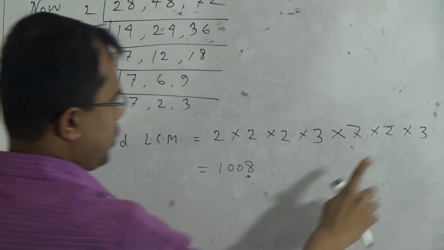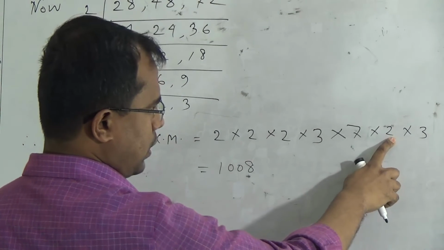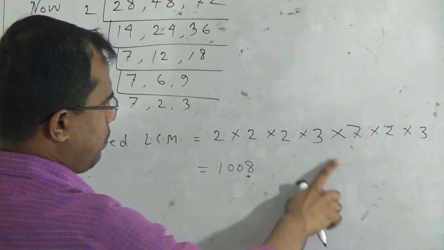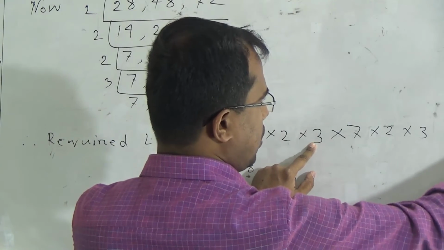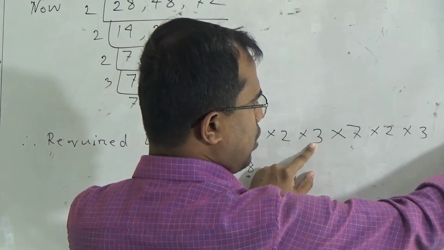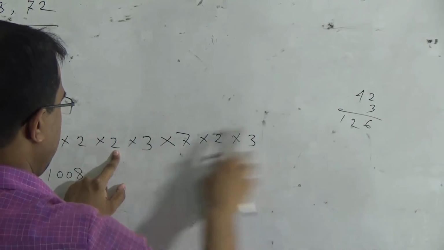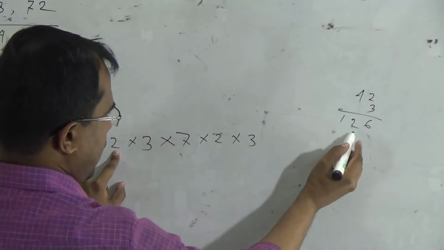Again I am multiplying. 2 3s are 6, 6 7s are 42. If we multiply 42 by 3, then 3 2s are 6 and 3 4s are 12, 126. If we multiply 126 by 2, then it will be 252.